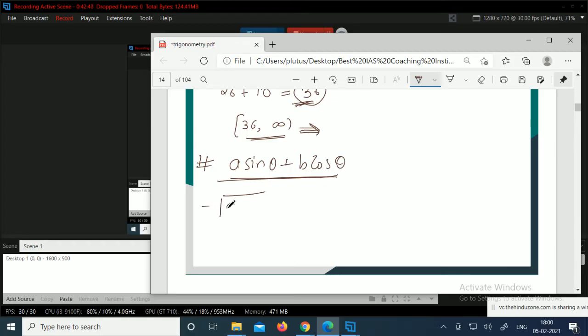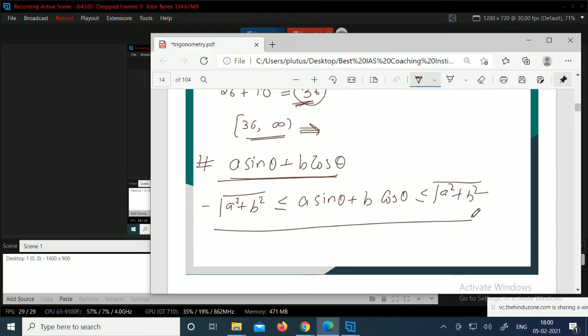Minus under root a square plus b square is less than or equal to a sine theta plus b cos theta, less than or equal to plus under root a square plus b square. Are you familiar with this equation? So this is the maximum and minimum value.